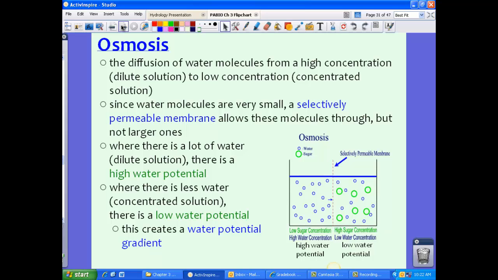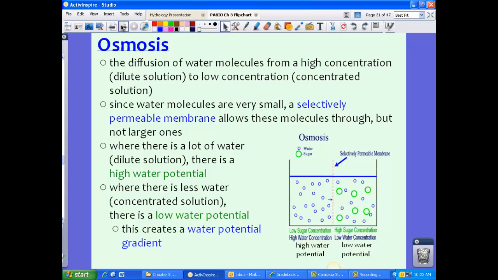Now, where there's a lot of water, so we're in a dilute solution, there's a high water potential. Where there is less water, known as a concentrated solution, there's a low water potential. This creates a water potential gradient. So if you imagine what we were talking about for diffusion, how things travel down a concentration gradient, from high concentration to low concentration.